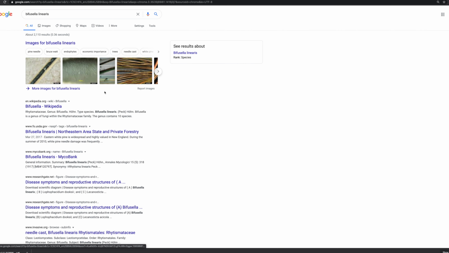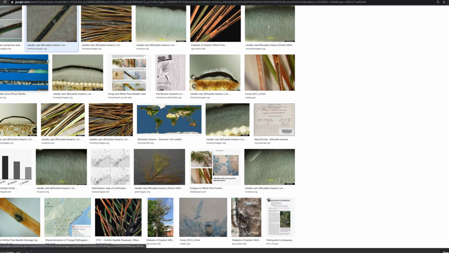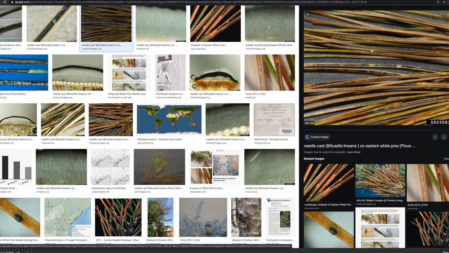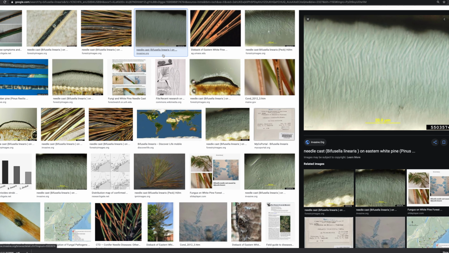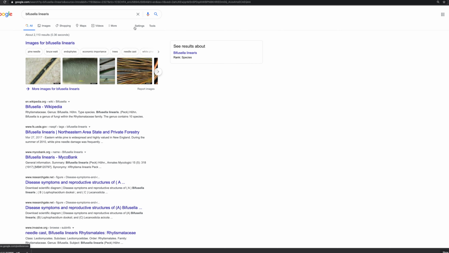And we see here some pictures. Let's see what this is. We don't really know. It doesn't seem to be so obvious as the first species. Maybe it could be a micro, but we'll need to use a reference for this.